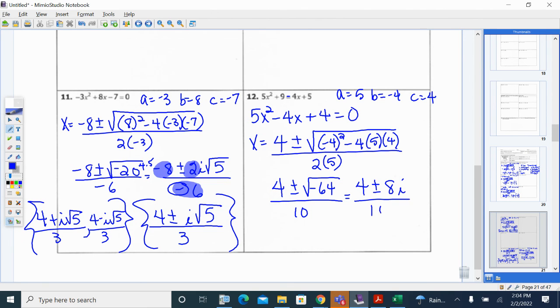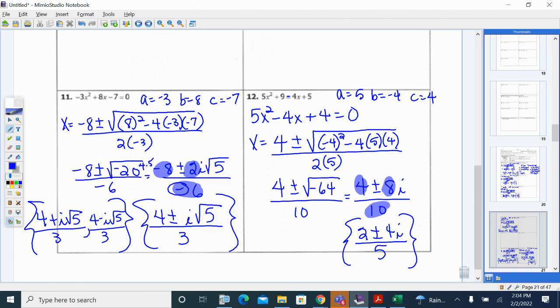So that reduces into 4 plus or minus 8i over 10. And again, you're going to focus in on the 4 and the 8 and the 10. Is there any number that will divide evenly into all of them? 2 does. 4 divided by 2 is 2. 8 divided by 2 is 4. And 10 divided by 2 is 5. And there's your solution for number 12.